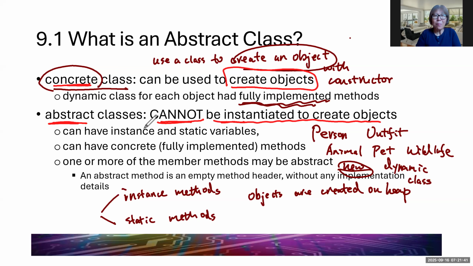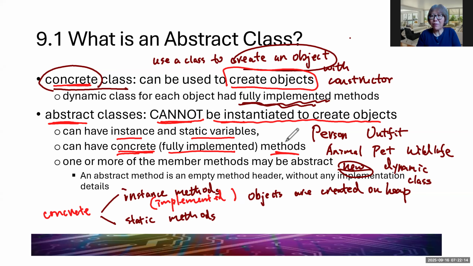But they can have instance variables and static variables. They can also have methods that are fully implemented, which we call concrete methods. So an abstract class can also have concrete methods.